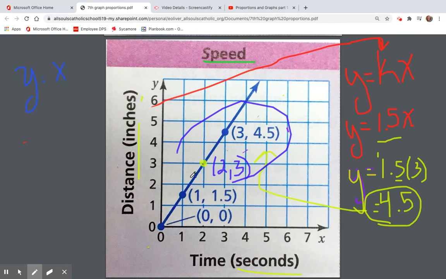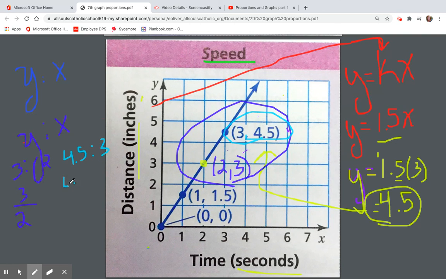So I'm going to use these two, and I'm going to find their proportion of y to x. Y was 3, x was 2. So that value is 3 over 2. Okay. On the other one, we have 4.5 to 3. So I do y to x, I do 4.5 to 3.